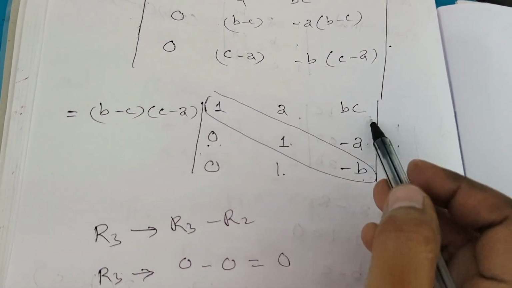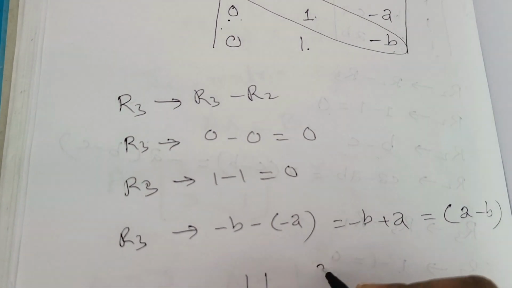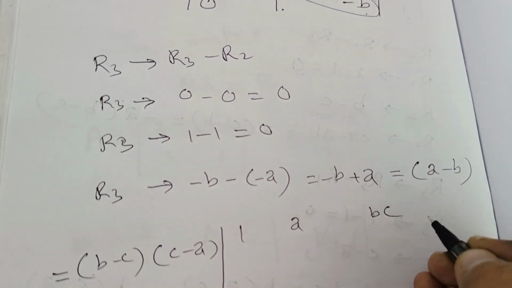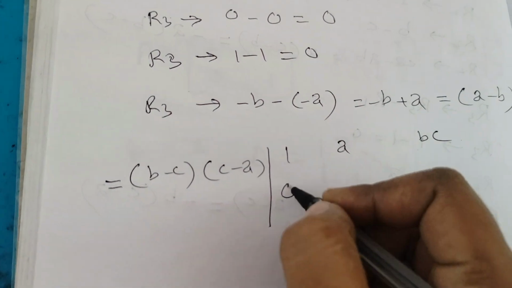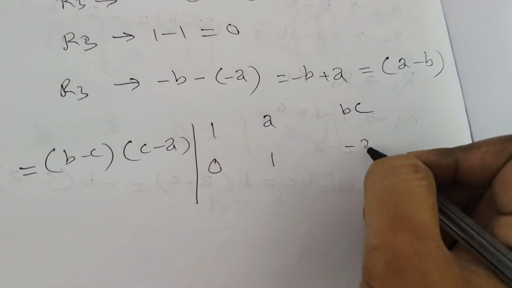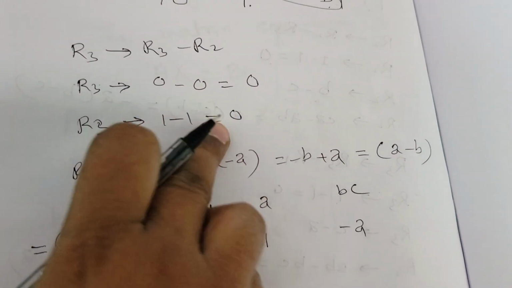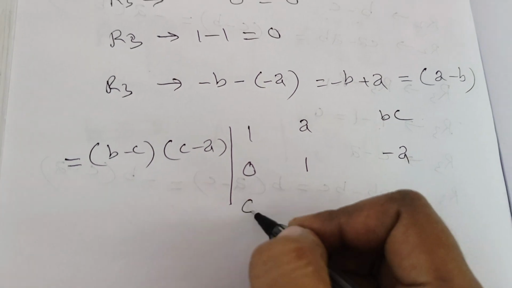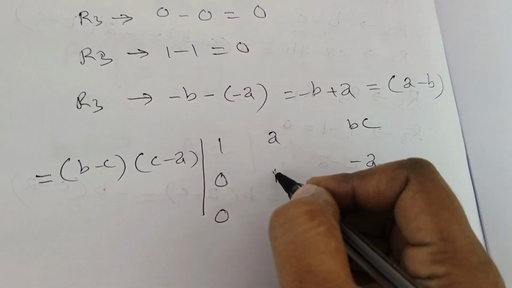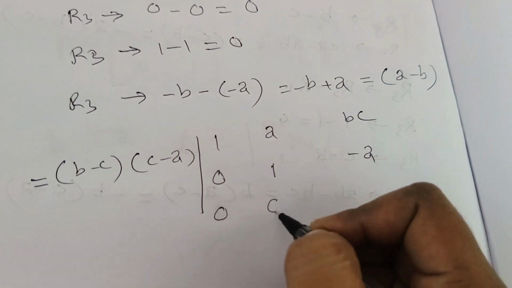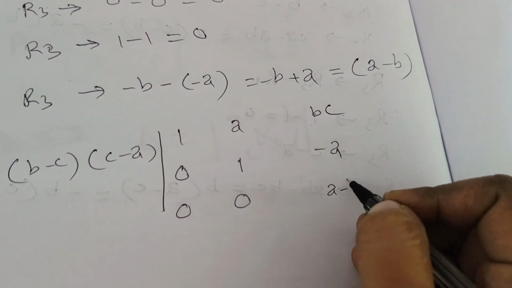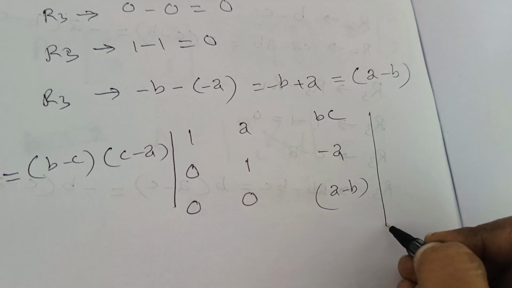First row is 1, a, bc, keep as it is. Second row 0, 1, minus a. Third row 0, 0, a minus b.